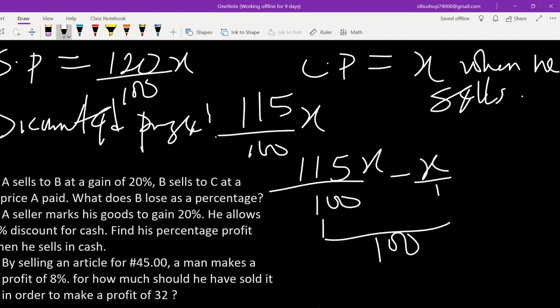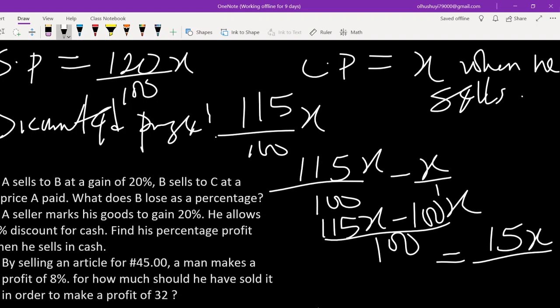In 100 that will be 115x minus 100x, and that becomes 15x upon 100. That's what we should have.